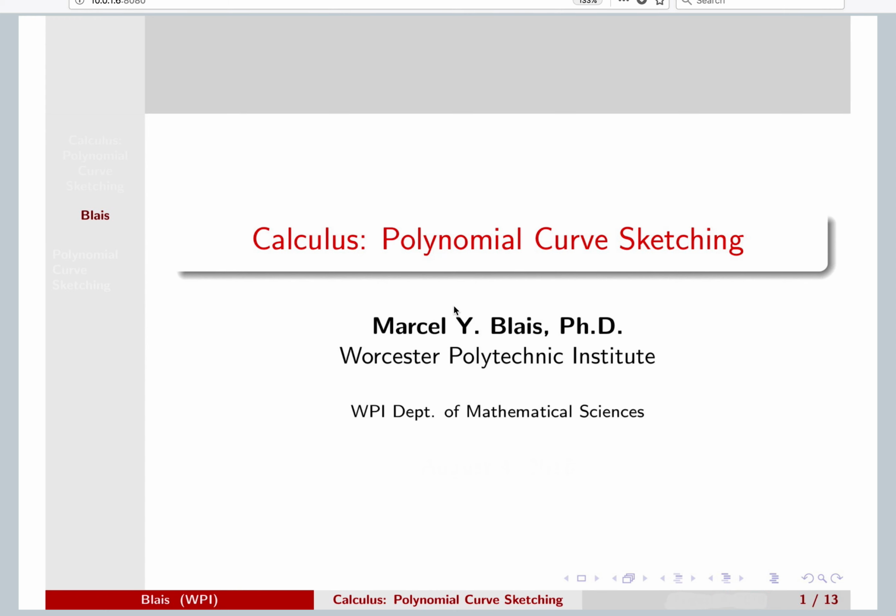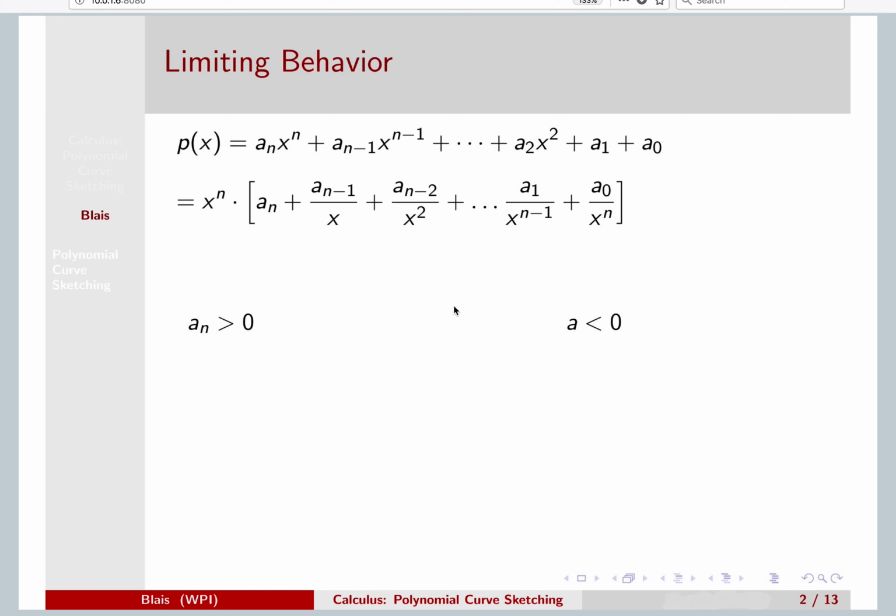Now, the first thing we want to address before we do that is our limiting behavior for a polynomial. If we take a general polynomial, so this is just a generic way of writing a polynomial, the a sub n's are the coefficients, those are just numbers, and then you see you have the highest power of x is to the n power.